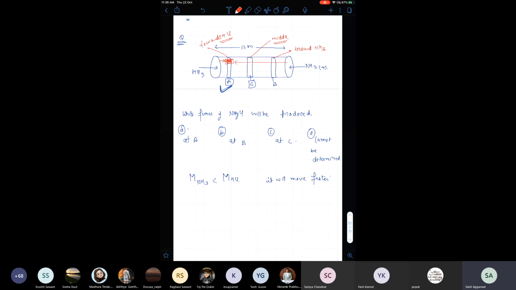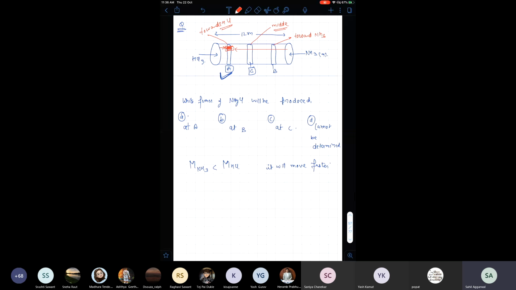Understood? Now, sir, can I give you one numerical? एक numerical करते हैं बढ़िया सा. Sir, can you please explain this question once again? I said that we had a tube which had two open ends.